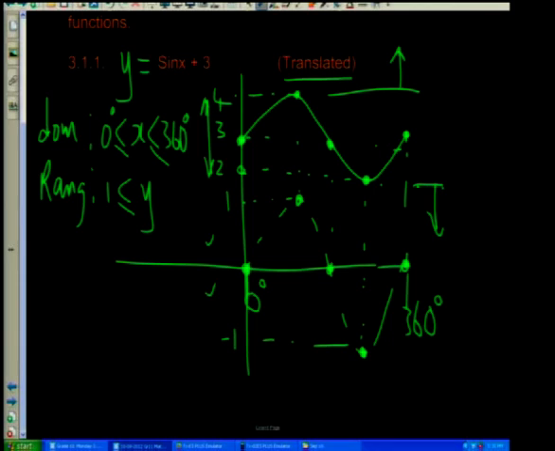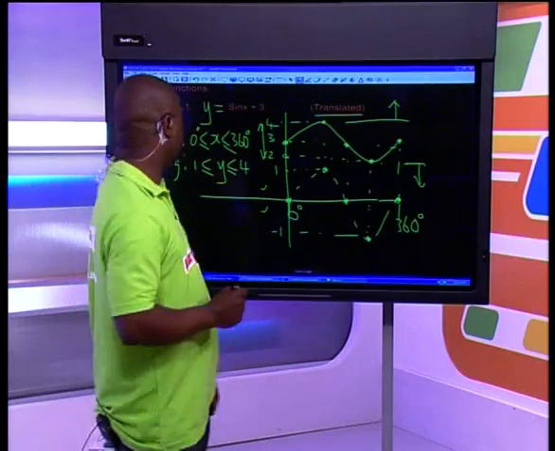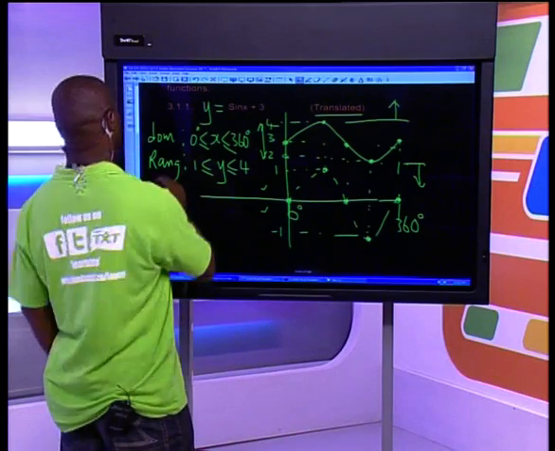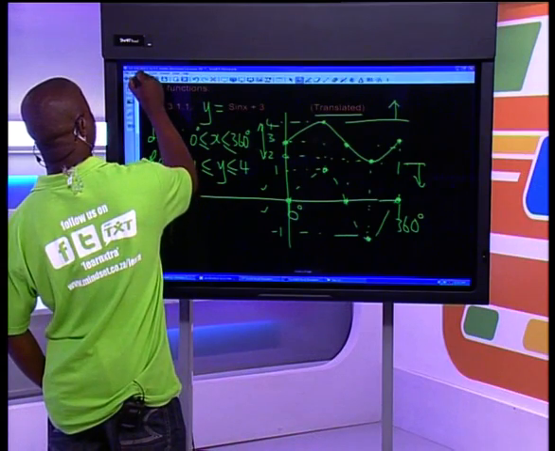That equal sign means it's included, and that should be less than or equal to 4. That would be the range for our function in this case. And let's move to the next one. I think we've covered what we need to cover there.